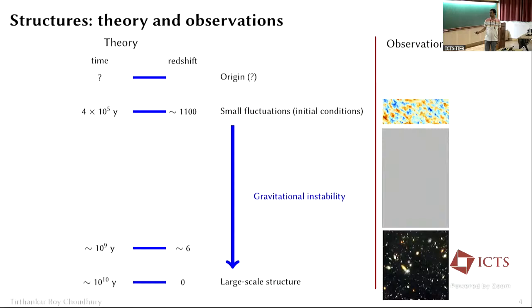Then we also see a lot of structure in the low redshift universe, let's say redshift 0 to about 6 or so, where again, this boundary is being pushed with telescopes like JWST as we speak. And this, of course, has a lot of structure. And this grows because of gravitational instability, which we will discuss in slightly more detail very soon.